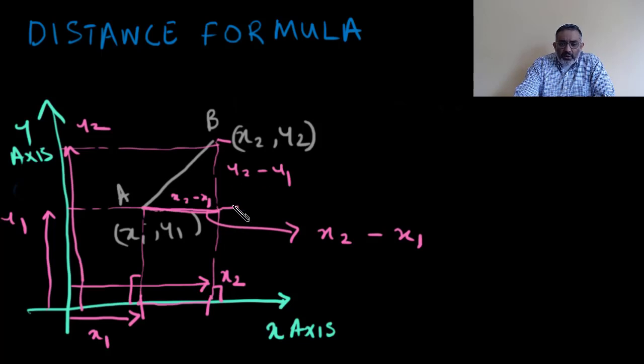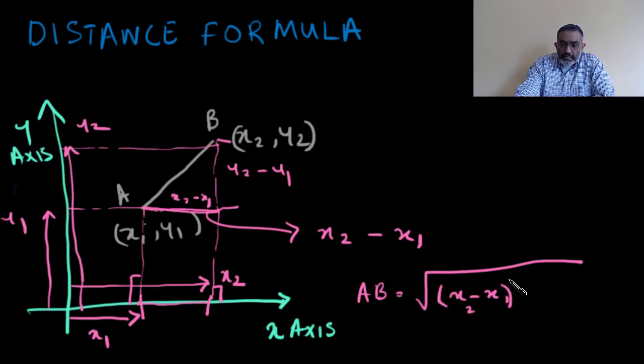Now, how do we apply the Pythagoras theorem here? What we can do, AB is equal to the square root of x2 minus x1 squared plus y2 minus y1 squared.